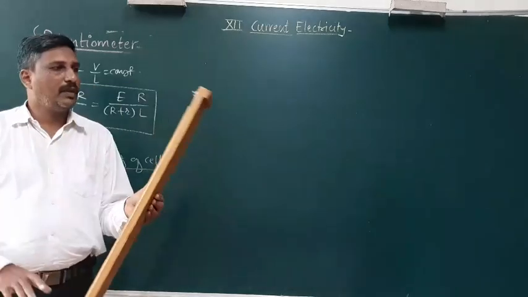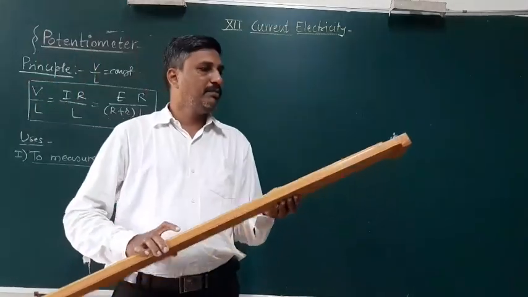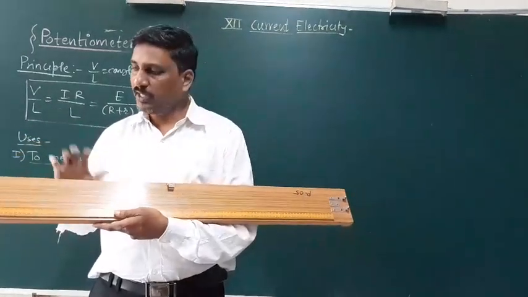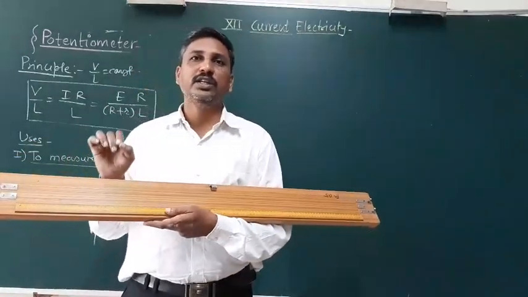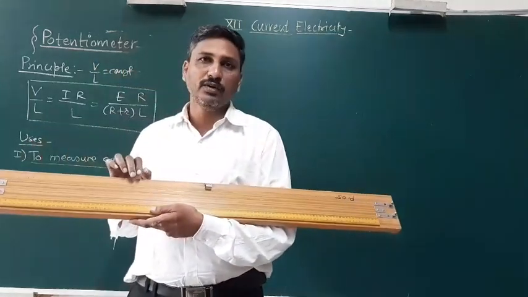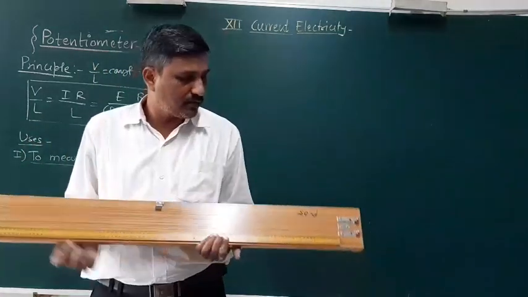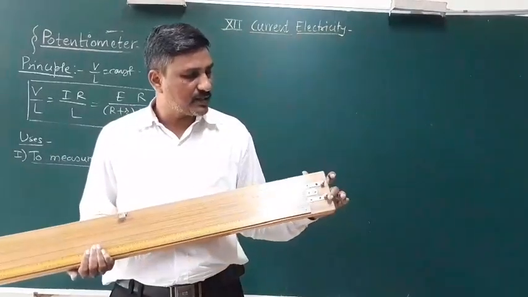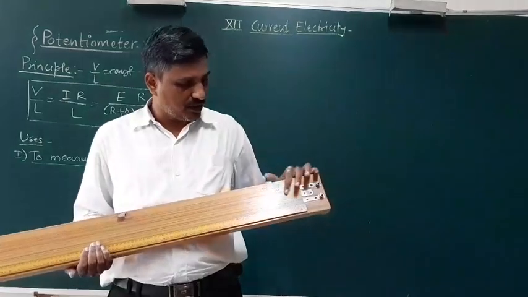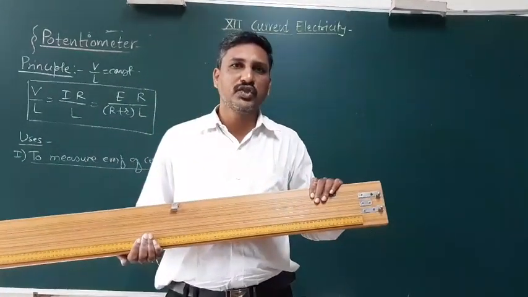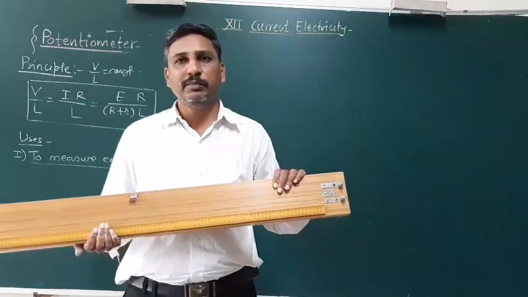Potentiometer is simple. It is one wooden platform, on which a thin uniform conducting wire is stretched. This is my first point, A, and this is my other point, B. The length of the potentiometer wire is much longer compared to a meter bridge.